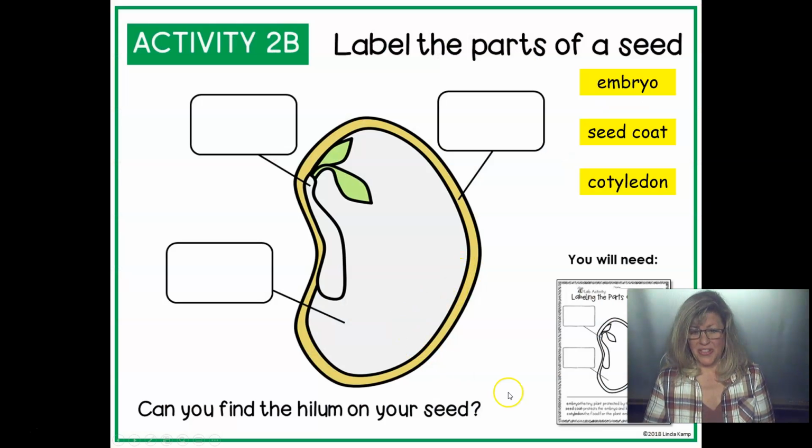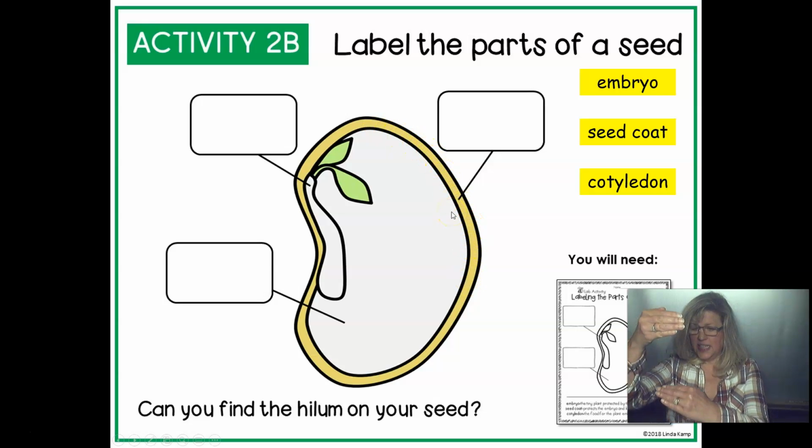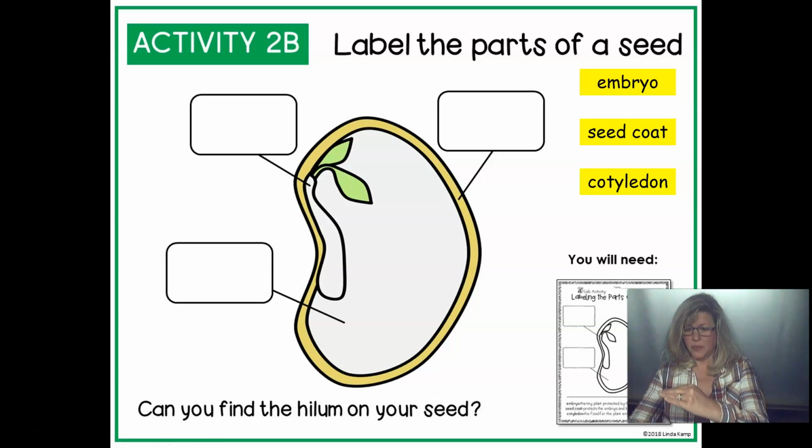And we could label those. Can you help me do it? Let's take a look. We have three main parts. We have this one, and again, it's like we have taken a big bean seed and we've sliced it open. So we're looking at it from the inside.